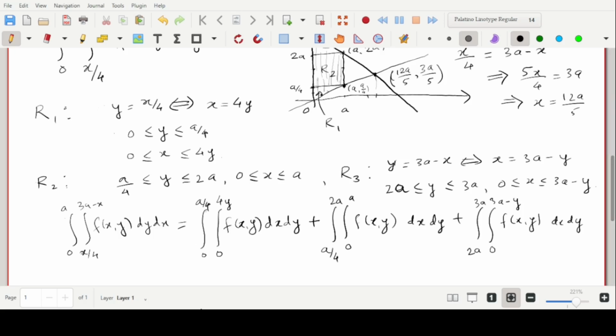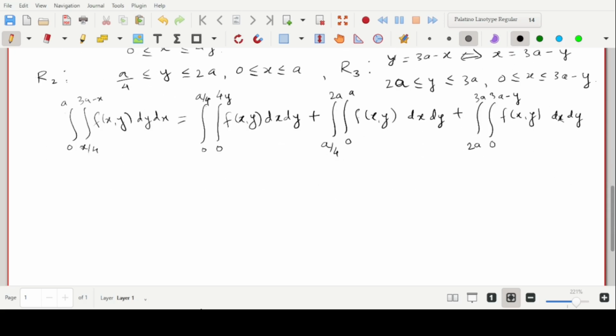So this is how we have written the integral after changing the order. So when we change the order, we may have to split the region into more than one region. This is one demonstration of that.